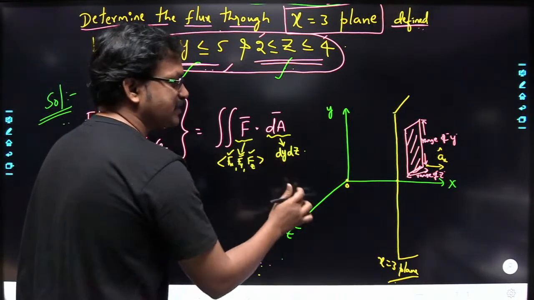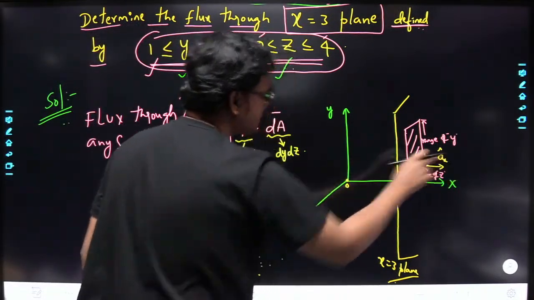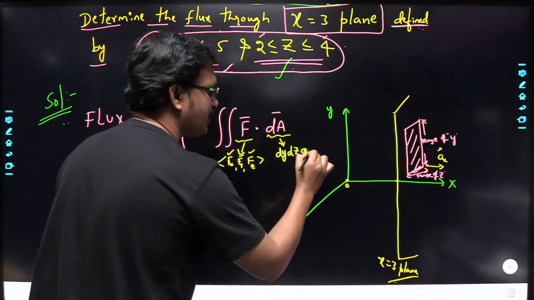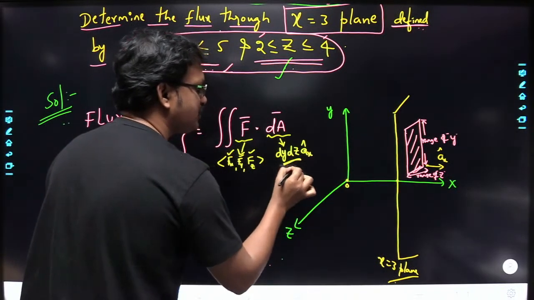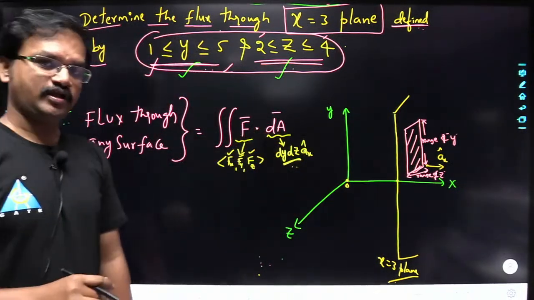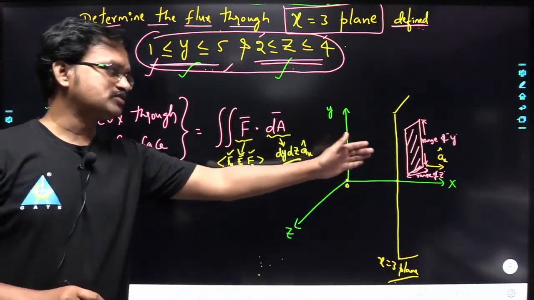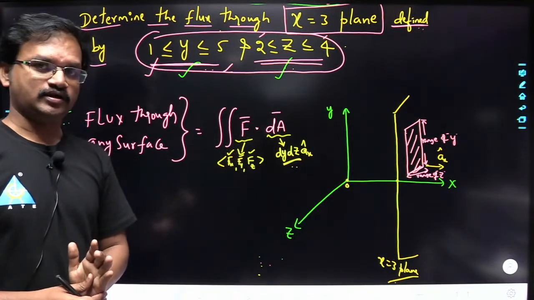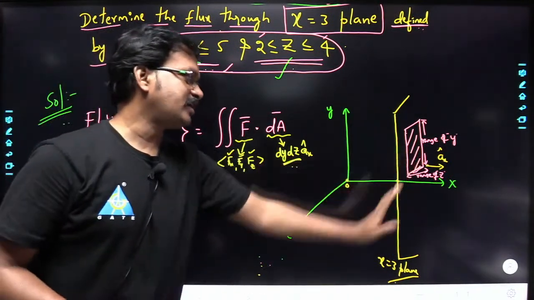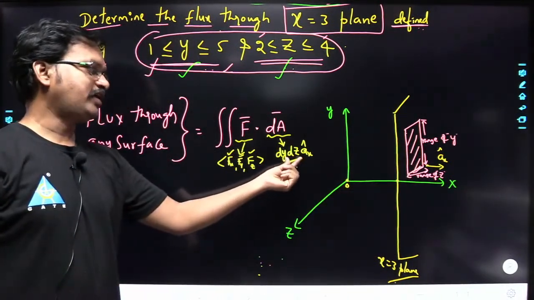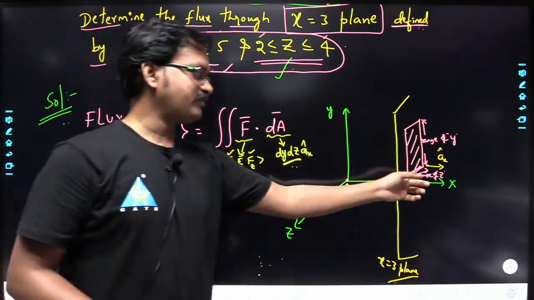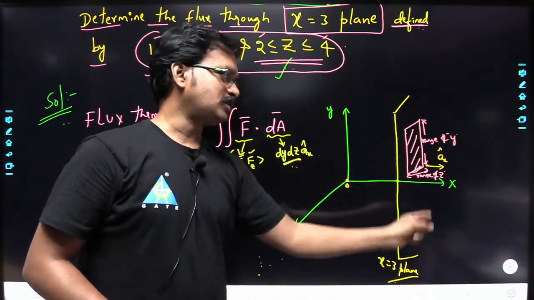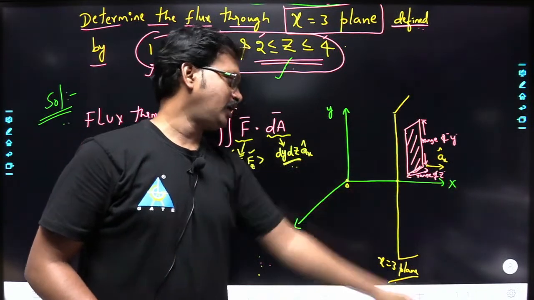So its direction is along the ax cap direction, so dy dz ax cap. In this manner you have to write the differential area. If you know what the variables are on that surface, then you can easily represent this differential area. So here y and z are variables, so you write dy dz, and its direction is given by the unit normal drawn to that surface, that is along the ax cap direction.